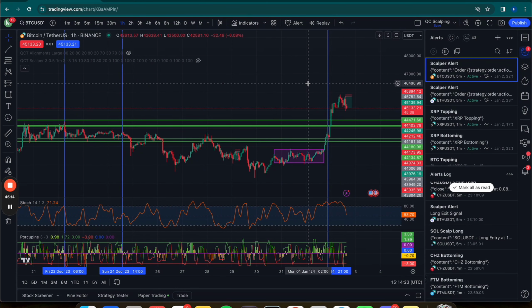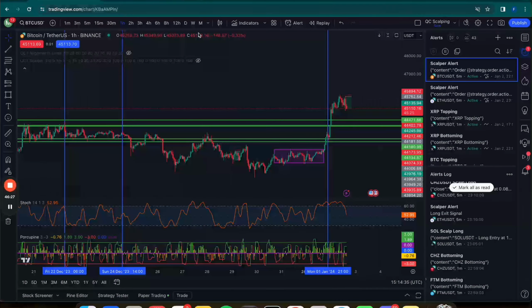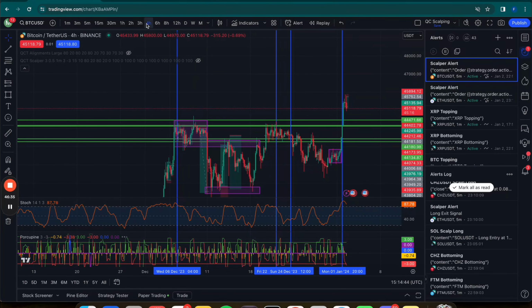So number one, what we did was we looked at the higher time frames, and we didn't just look at the stochastics. We tried to align the stochastics from bottom to top, because the lower time frames will move the higher time frames, and they will not overrule them, right? But the lower time frames are the ones that give the higher time frames the nudges.